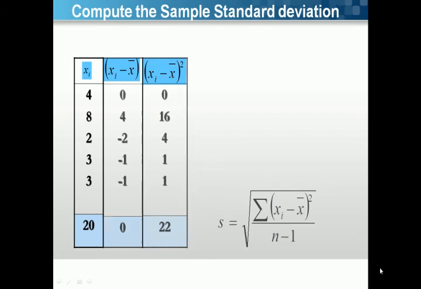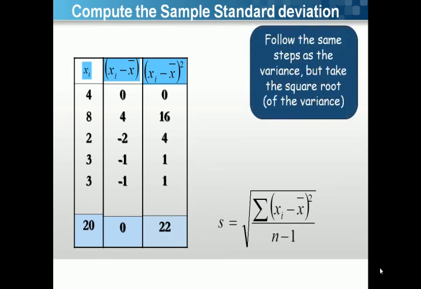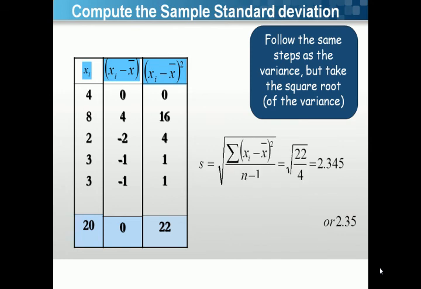So to compute the sample standard deviation, we basically just do all the steps that we did for the variance, but now take the square root. So the standard deviation, s, is the square root of the sample variance, s squared. The interior of this formula, everything under the radical, is exactly the formula we just had. So all we have to do is make those computations and then take the square root.